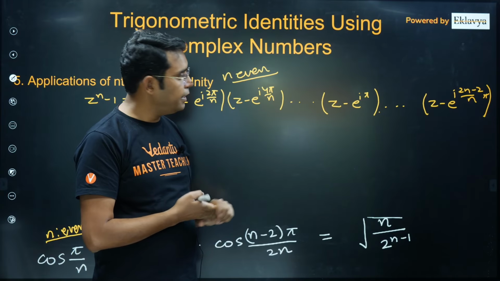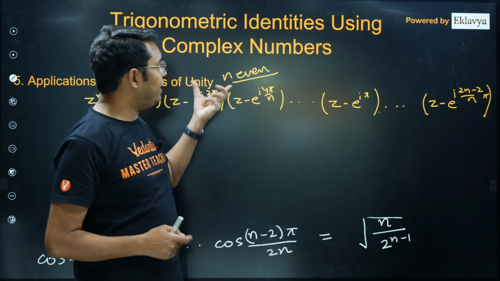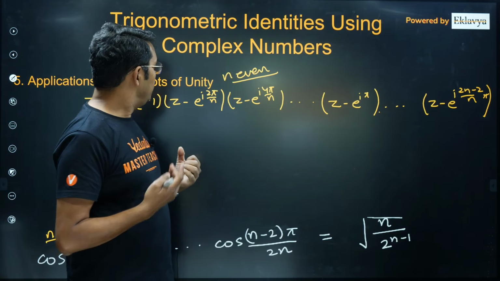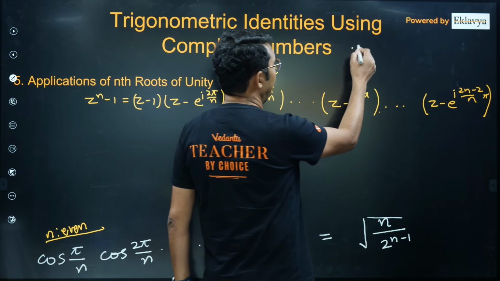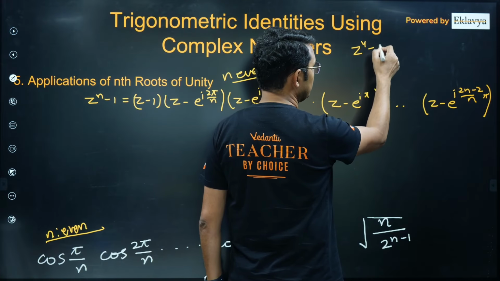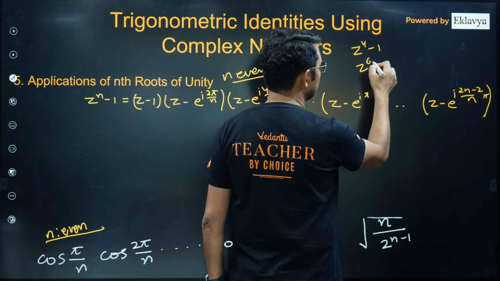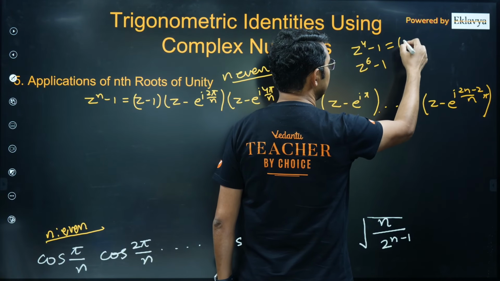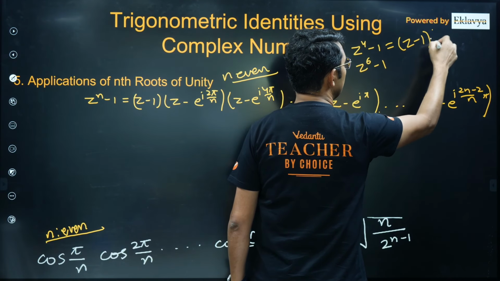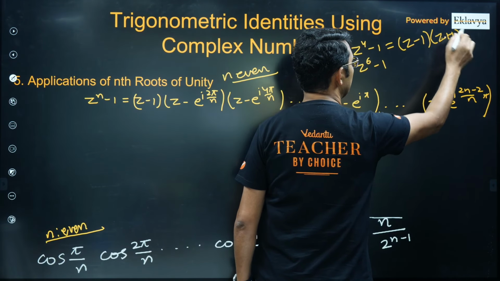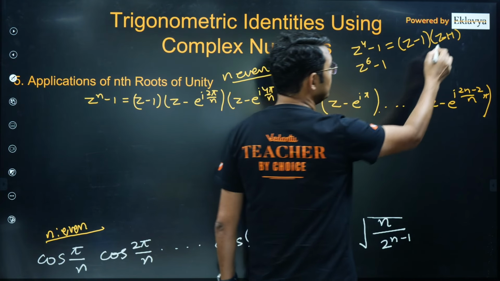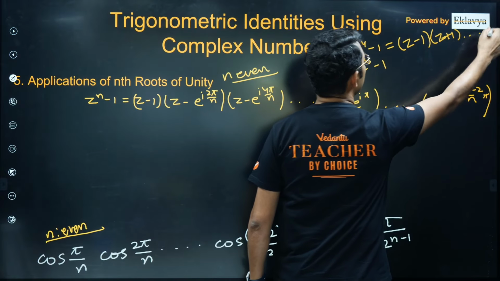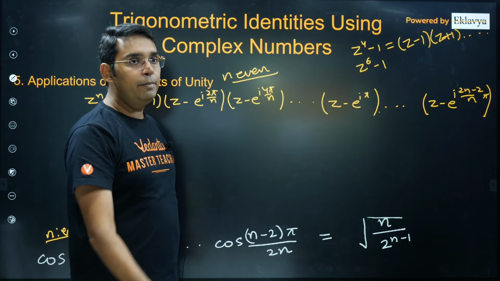I hope you are understanding it. This will happen only when n is even. In fact, you can think of it that way also: n is even, let's say z power 4 or z power 6 or z power 8. In this case, you will have 1 also as a root and minus 1 also as a root, and then other imaginary roots.